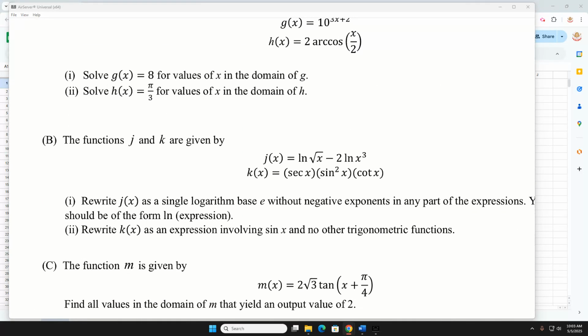So what I'm going to do for this one is rewrite it with an exponent. So what exponent means square root? Yes, thank you. So we can rewrite the square root of x as x to the 1/2. And then what am I going to do with this 2 if I'm using properties of logarithms? Where would it move? To an exponent. Good. Okay, so let's do that.